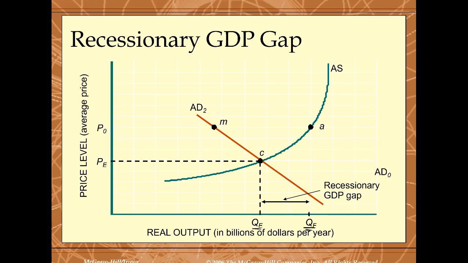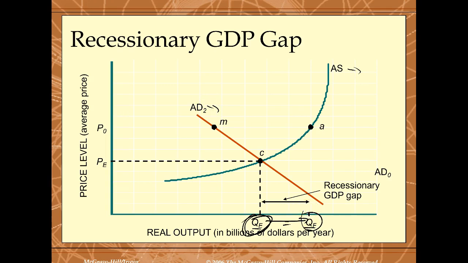So in other words, how do we get the equilibrium level of output equal to QF? In other words, how do we move this over to here? Well, from a supply-demand point of view, we either have to shift the supply curve this way or the AD curve this way to get to here.